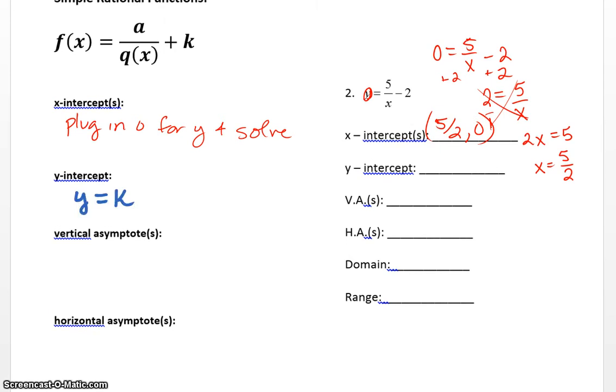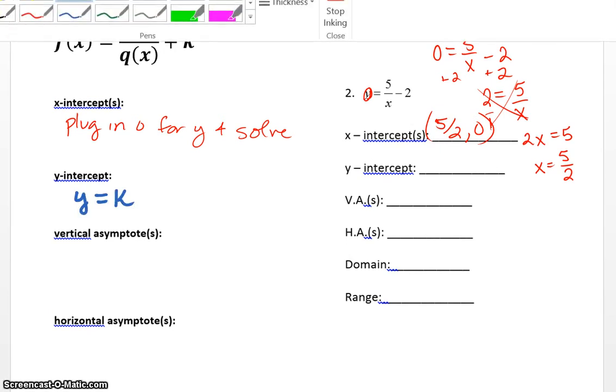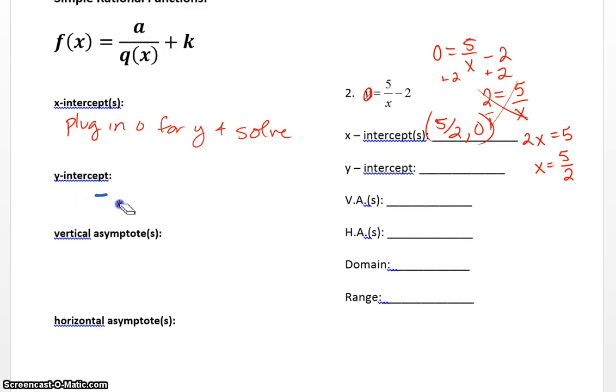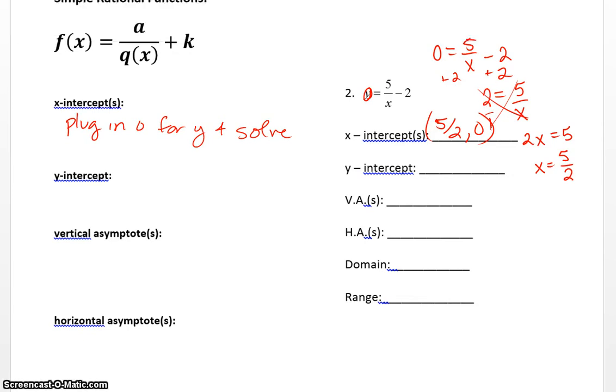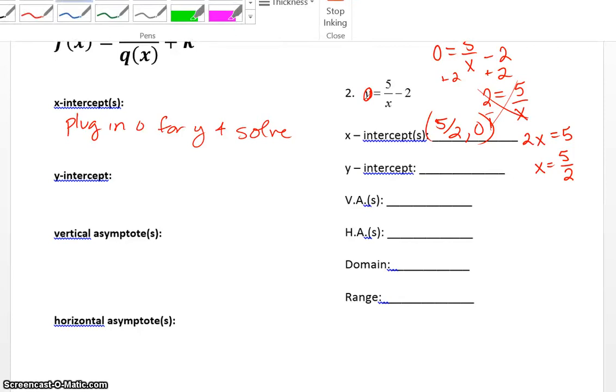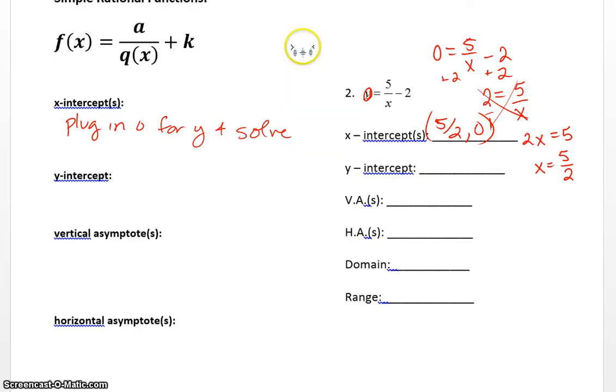Okay, our y-intercept, ignore that. Our y-intercept now is, again, the same thing that we've been doing. Our y-intercept means we plug in 0 for x and solve for y.